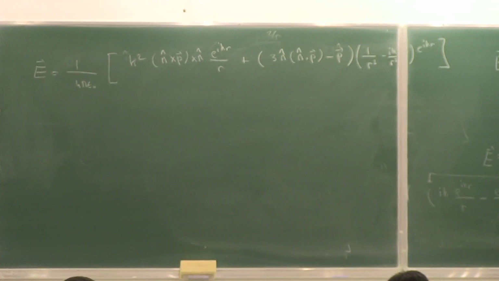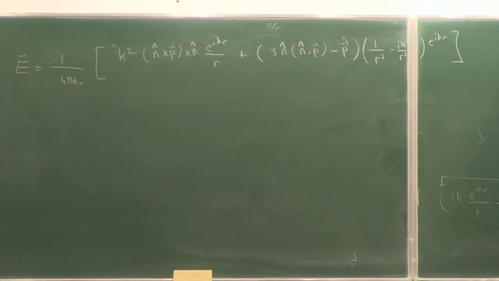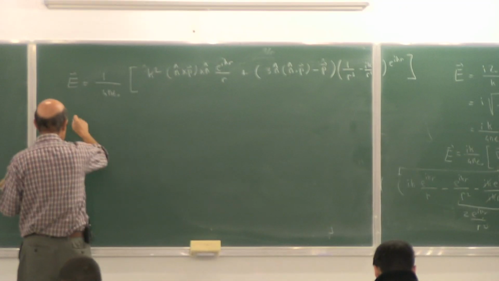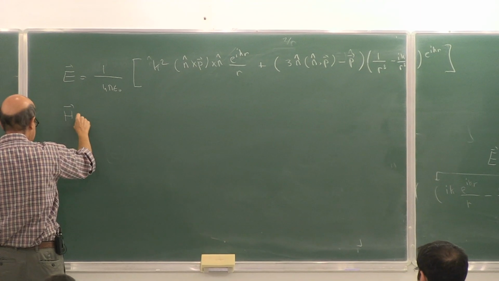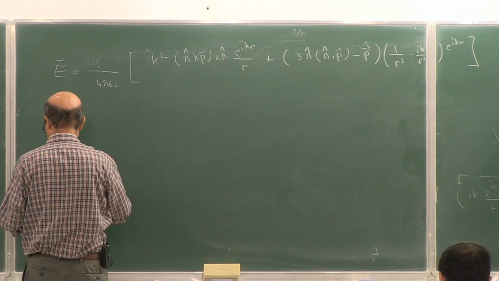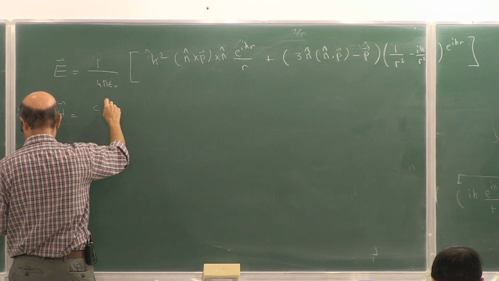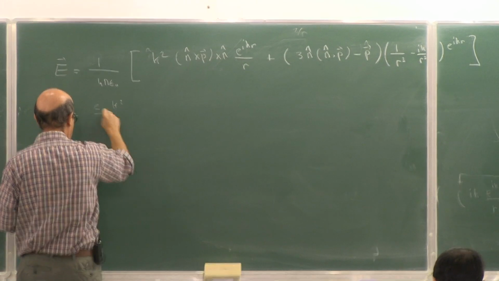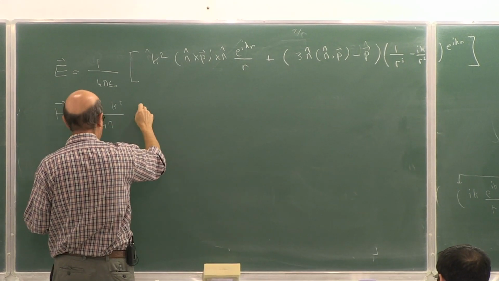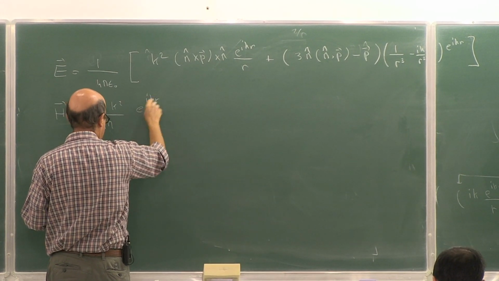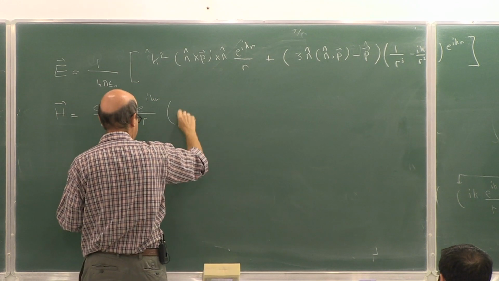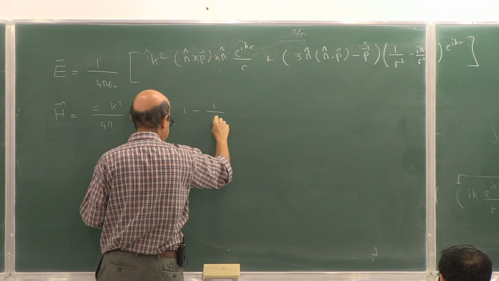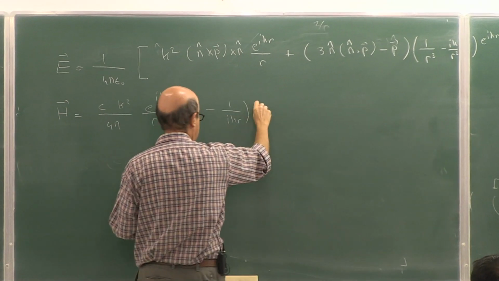So what does this long formula tell us? So let us rewrite the H again. So we have E and H for an electric dipole radiation. So H is c k squared over 4 pi, e to the ikr over r, 1 minus 1 over ikr, n cross p.